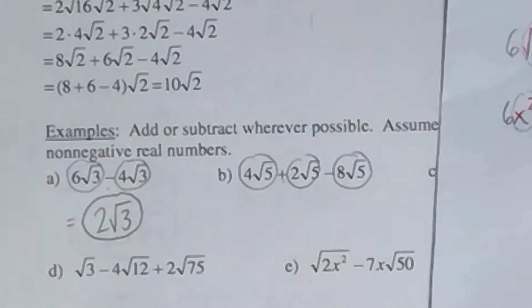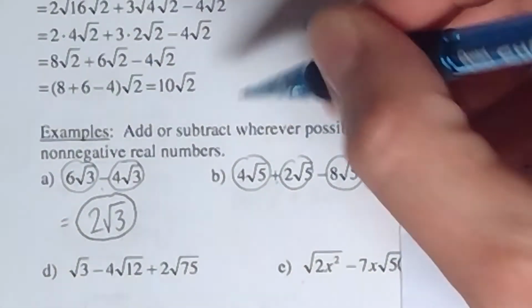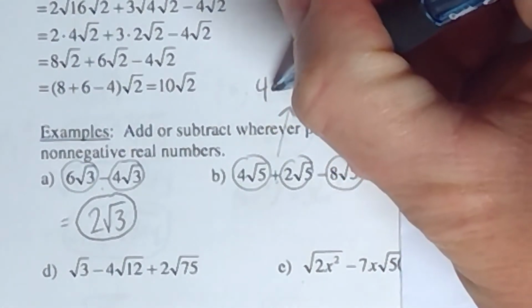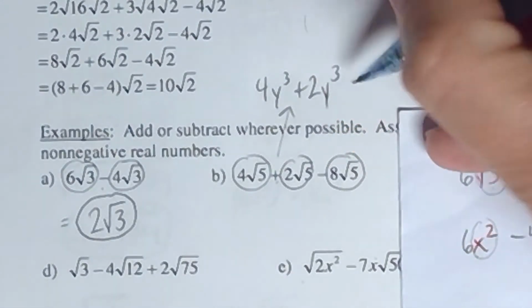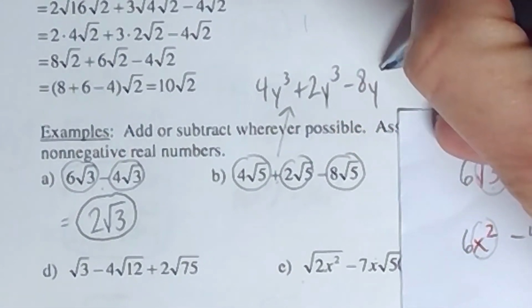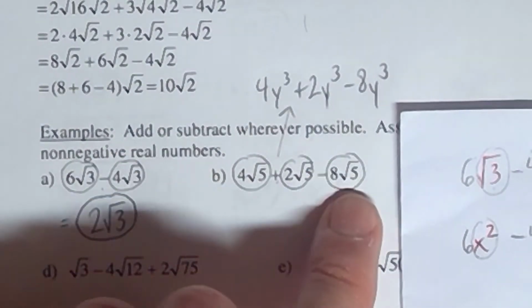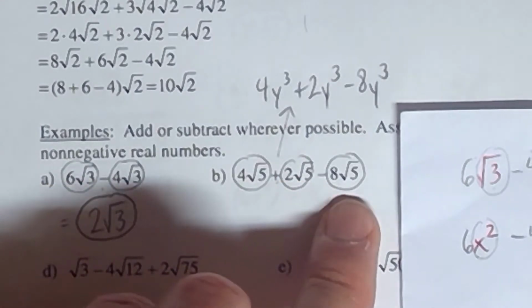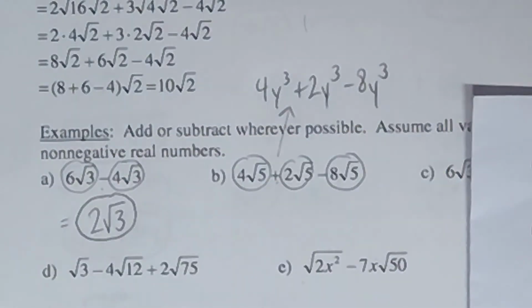Let's look at problem B here. It's very similar. Again, this is no different than if you wanted to write down, say, 4y to the third plus 2y to the third. It's not the same problem, I'm just saying it's similar to it. When you have three radical terms that are being added and subtracted, and they all have the same radical, it's no different than when you have three like terms that are being added and subtracted.